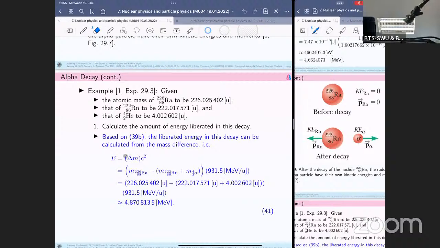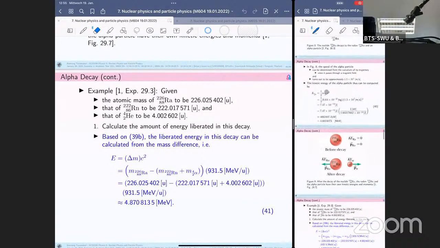Once you start from the Albert Einstein relation, E equals mc squared or E equals delta m c squared, that's the expression in the SI system. But for us, we have a fast way. We express the mass in atomic mass unit and then convert it afterwards.